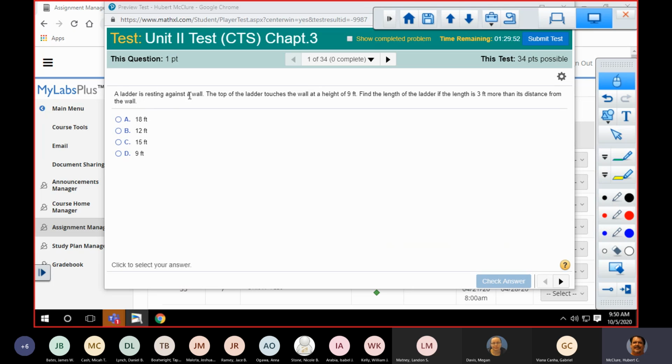A ladder is resting against a wall. The top of the ladder touches the wall at 9 feet. Find the length of the ladder if the length is 3 foot more than the distance from the wall. Okay, so I'll start you off on this. This is going to be a quadratic.